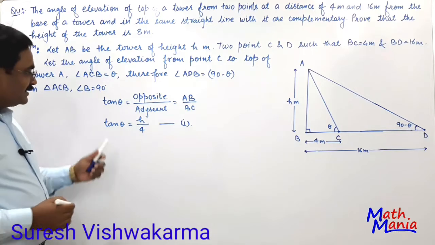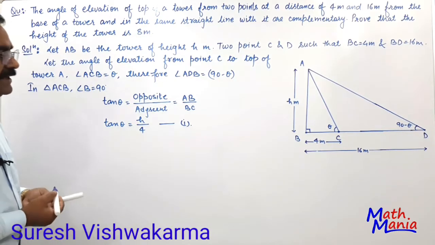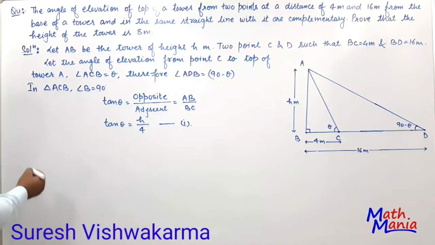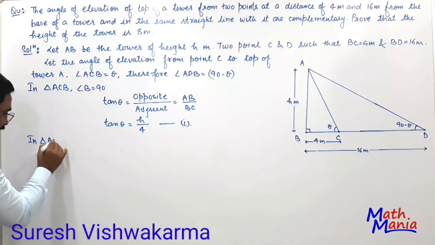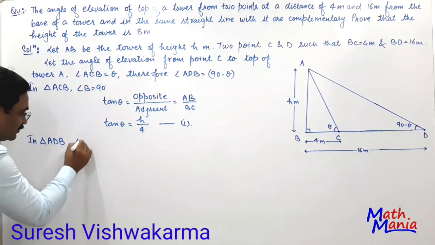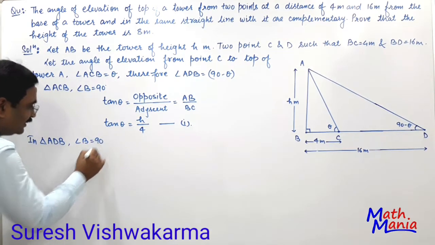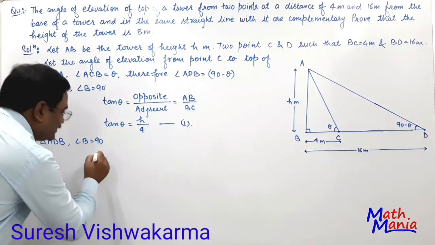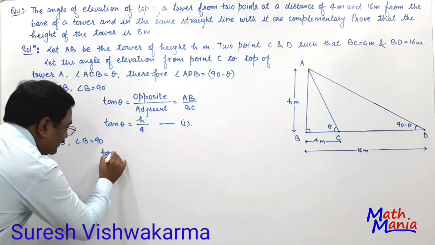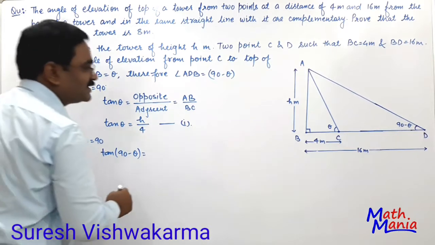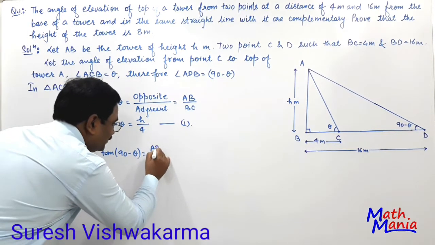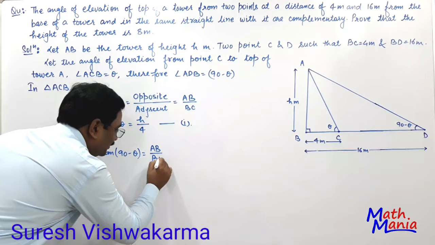Right friends, as it is equation number 1, so let's apply the second triangle. In triangle ADB, in this also measure angle B is equals to 90 degree. Therefore tan 90 minus theta is equals to opposite upon adjacent, means AB upon BD.